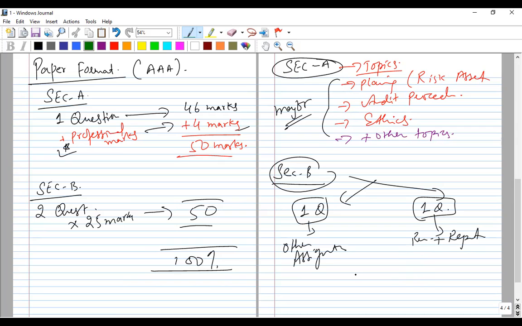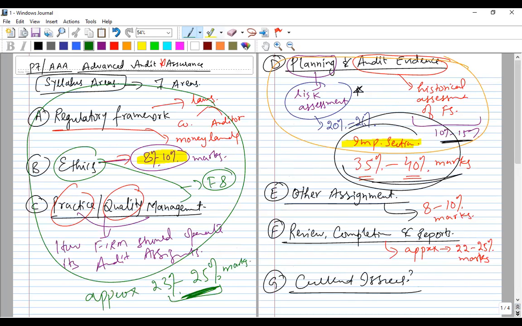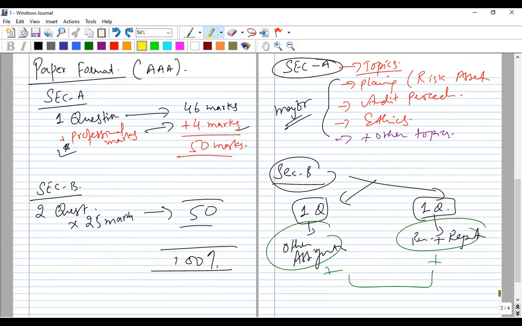We cannot say in which question you will be examined on the regulatory framework, along with ethics and practice management. Now these are the areas.